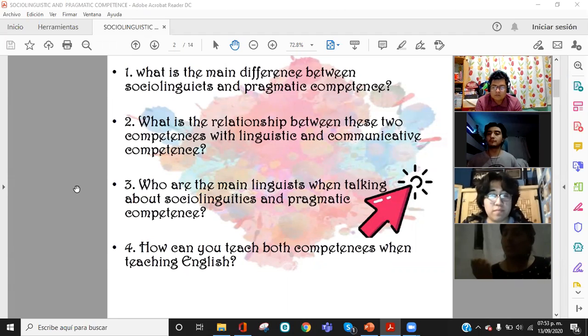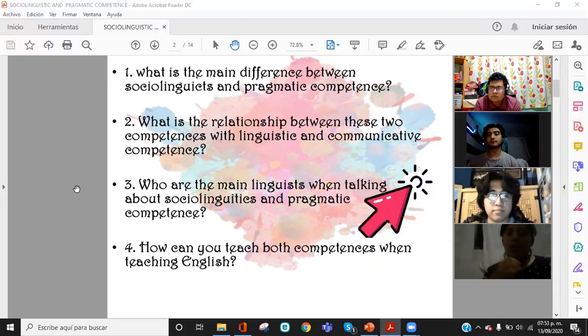Despite the sampling of the model by Canale and Swain, it is used frequently to define the term. It has also been dominating language teaching circles for decades, even after another researcher, Bachman, who mostly looks at the concept from a language testing perspective, proposed his own model in 1990.